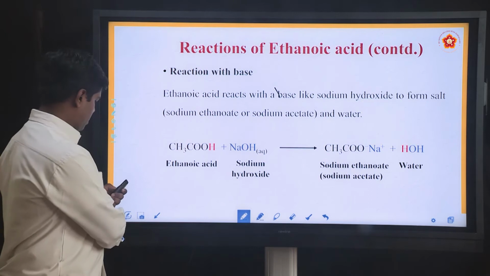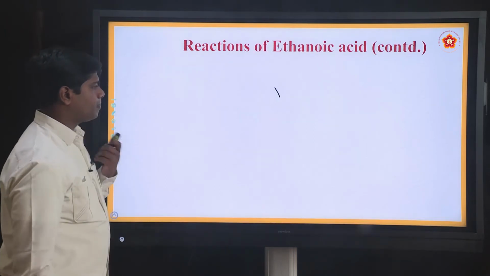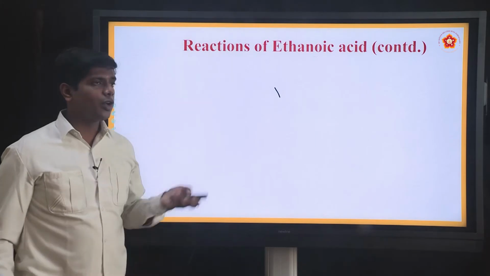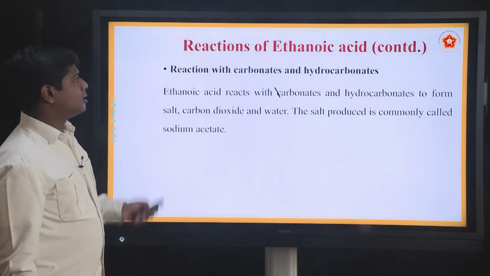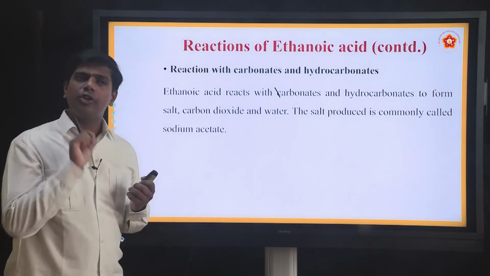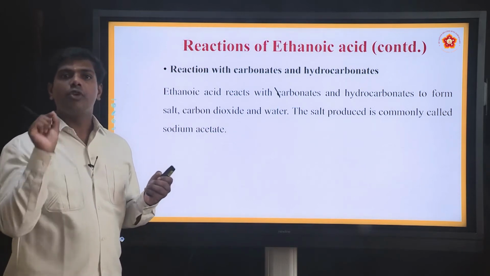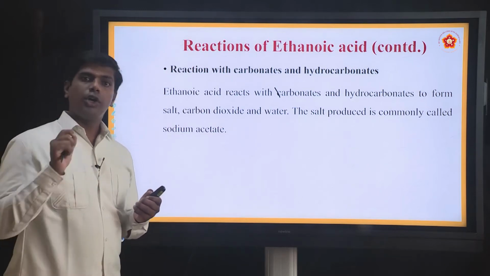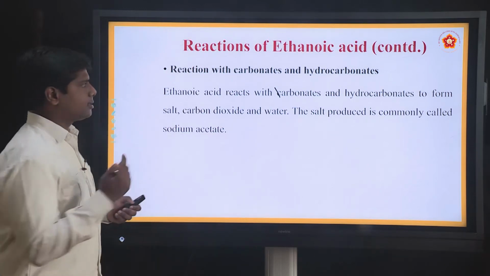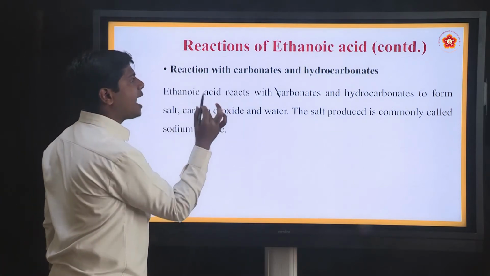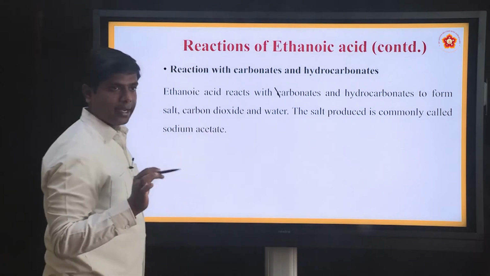Next, continue with reactions of ethanoic acid. This is also important. Please note down all these reactions. If you practice once or twice, then it is easy for you to understand these reactions. Reactions with carbonates and hydrocarbonates.